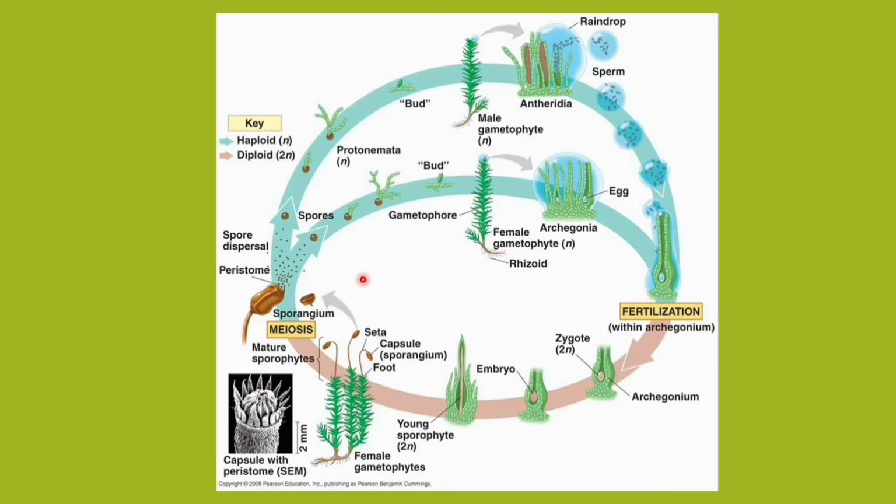Now this is Pogonatum. In Pogonatum, the sporophyte is not dominant. In Pogonatum, the gametophytes are the dominant plants. In this question, both species A and species B have the sporophyte as the dominant plant. So it cannot be Pogonatum because Pogonatum has a dominant gametophyte.